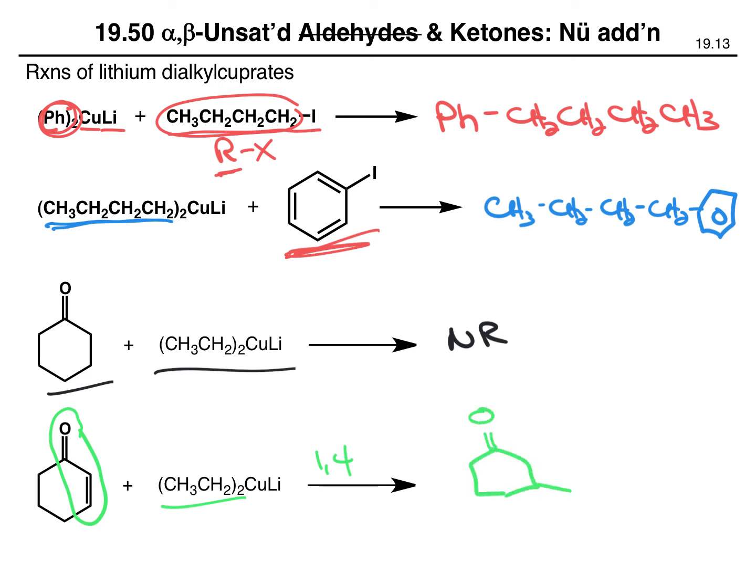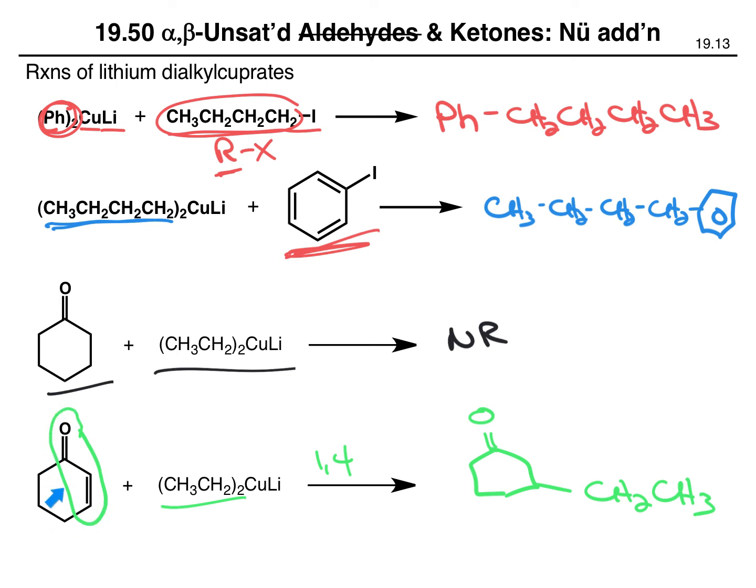So we will end up with this. The mechanism is not the same as what we just talked about with cyanide or an amine doing 1,2 addition and then equilibrating to the 1,4 addition product. This goes through a different type of mechanism. You're not responsible for the mechanism, but think about the value of this.